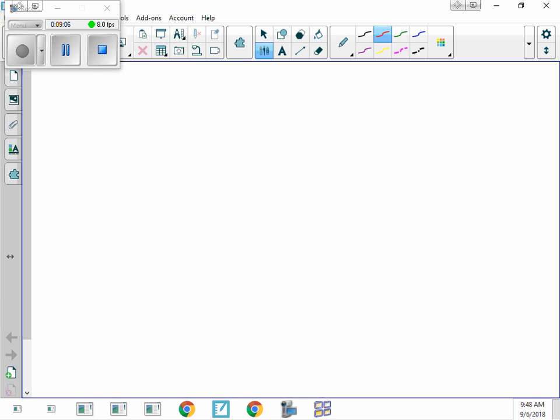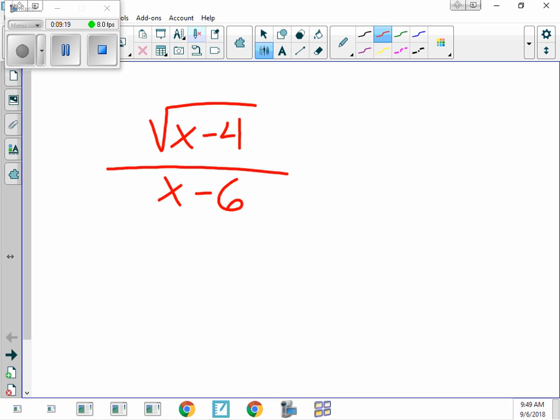Okay, what if I had y equals the square root of x minus 4 over x minus 6? What can you tell me about that graph? 6 doesn't work.